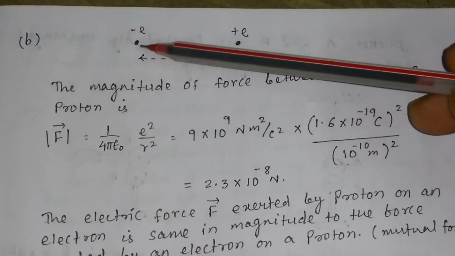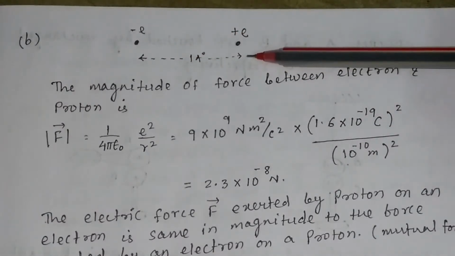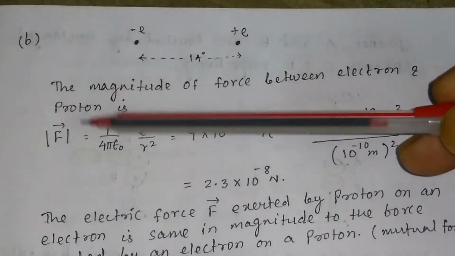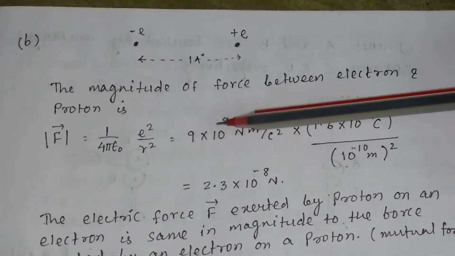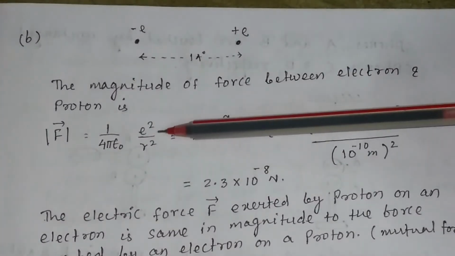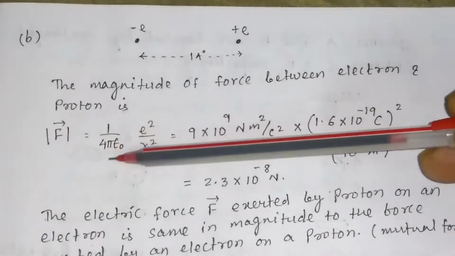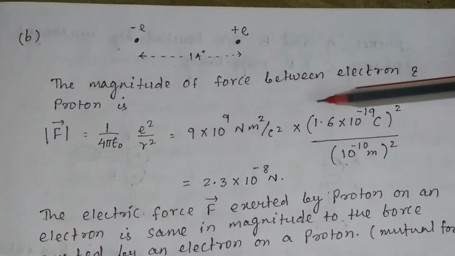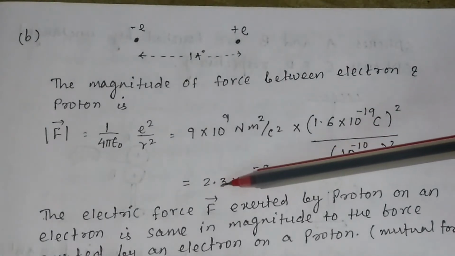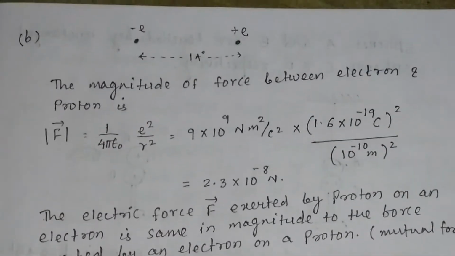If this is the electron and this is the proton, and they are separated by 1 angstrom or 10^-10 meter, then the electric force between them is 1/(4πε0) e²/r². Putting in the value of 1/(4πε0), charge of electron and this radius, you will find the force is equal to 2.3 × 10^-8 Newton.